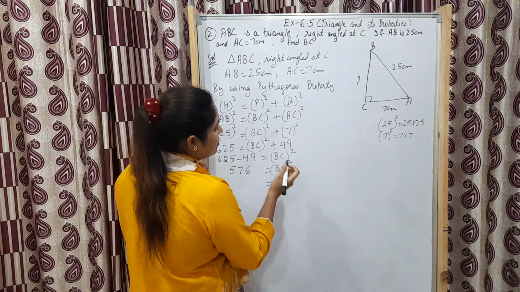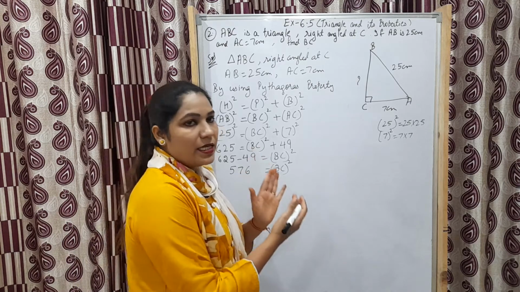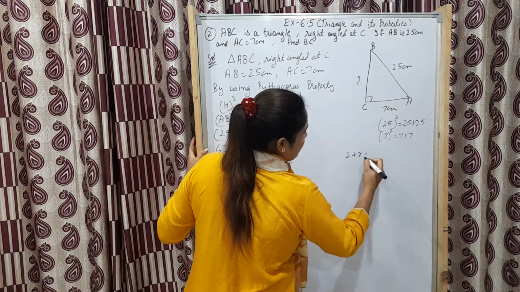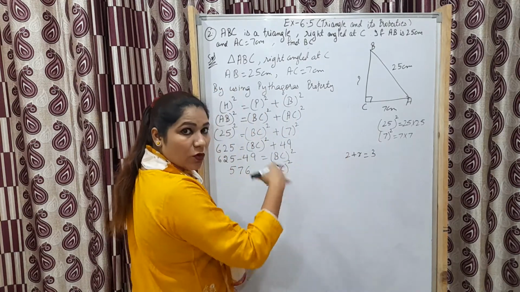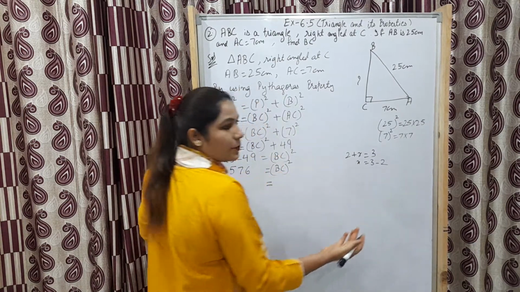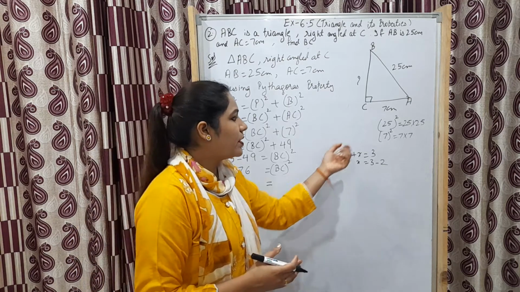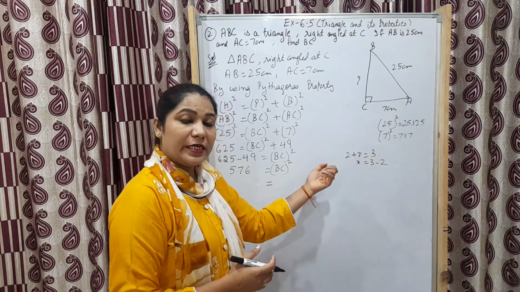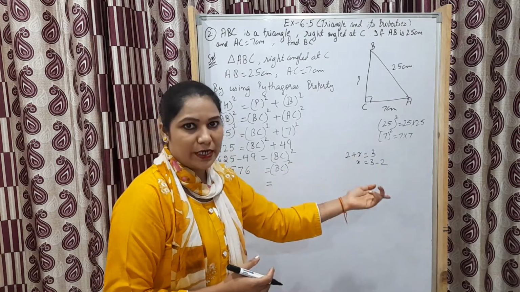Now see students, in a simple equation, whenever there is any sign, 2 plus x is equal to, let it be 3. Here 2 is adding, when it goes to the other side, it will become subtract. Answer is 1. Similarly, addition becomes subtraction, subtraction becomes addition, multiplication becomes division, and division becomes multiplication.